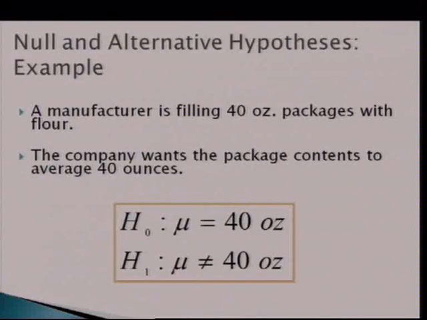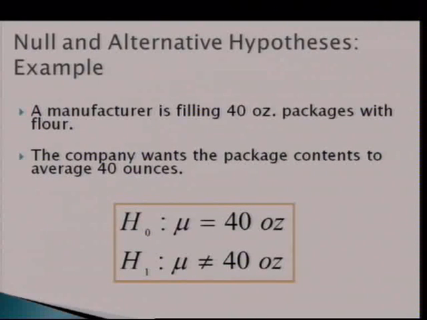Now suppose we are going for an example: a manufacturer is filling packages with 40 ounces of flour. Now the company wants the package to contain an average of 40 ounces. So normally we can define our null hypothesis, that the mean is 40 ounces, and then the alternative hypothesis H1 or HA, that the mean is not equal to 40 ounces.